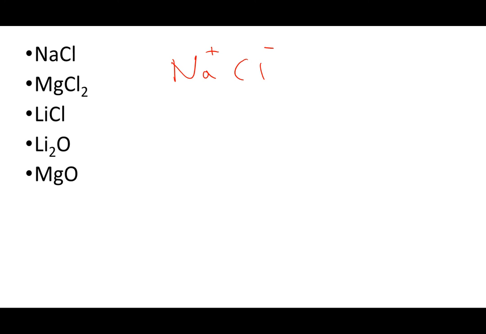I'm going to draw the letters and then the charges, and then put 8 electrons around the anion, which has a negative charge. By the way, anything that has a negative charge is called an anion. Anything that has a positive charge is called a cation.